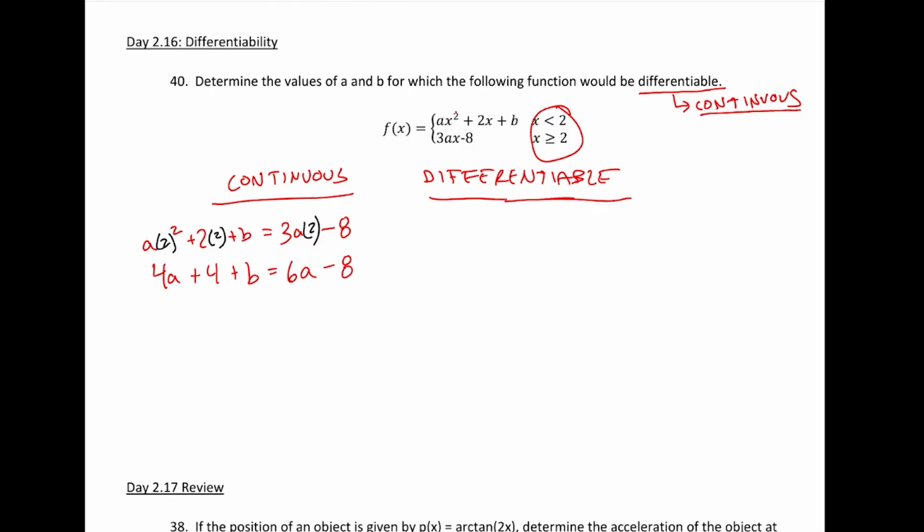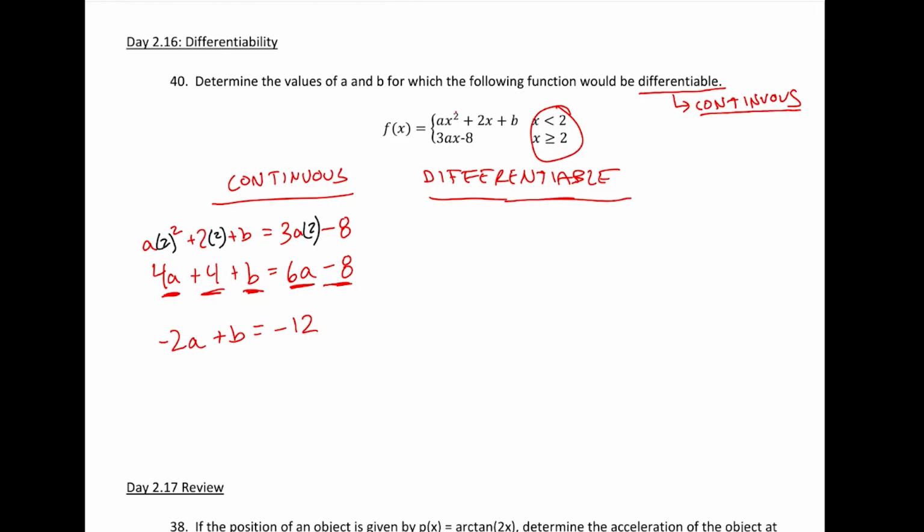I'm going to try to pull my variables to the left and my constants to the right. So I got 4a minus 6a is negative 2a plus b. And then I've got negative 8 minus 4 is negative 12. So this is one relationship between a and b that we can establish just based on the fact that it's continuous. And just remember, we know it's continuous because it's differentiable.